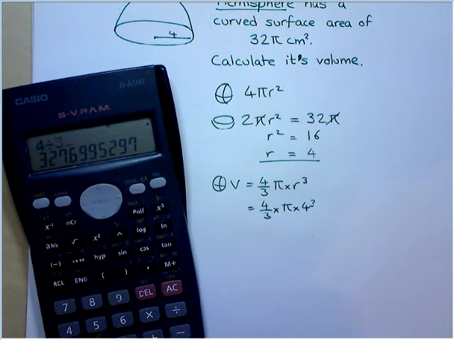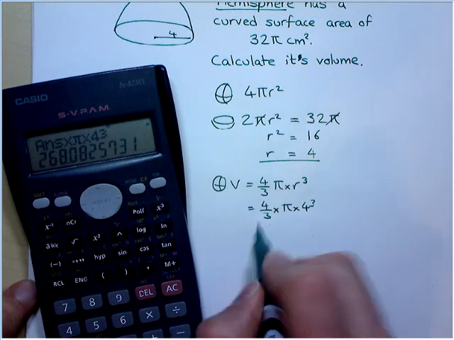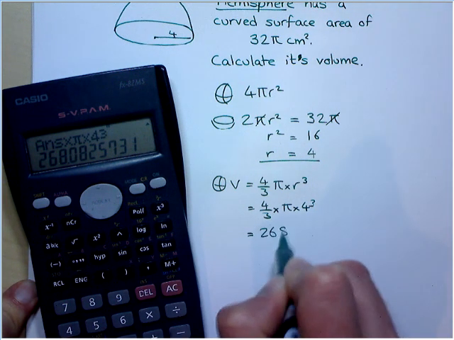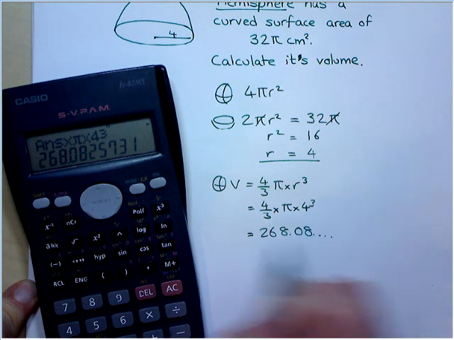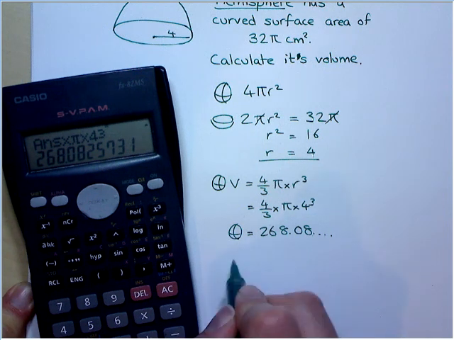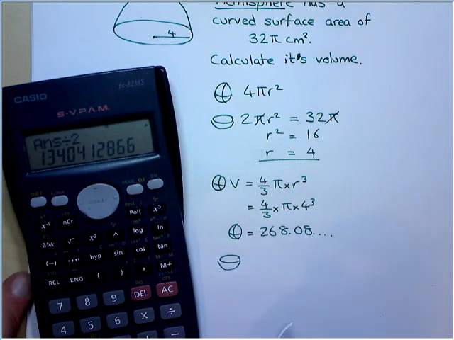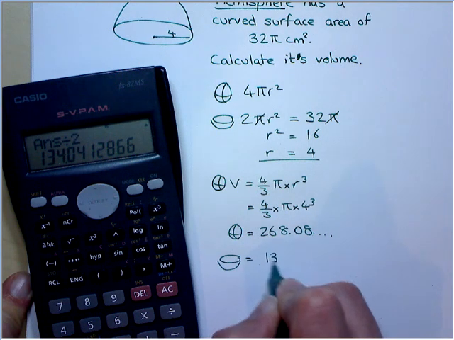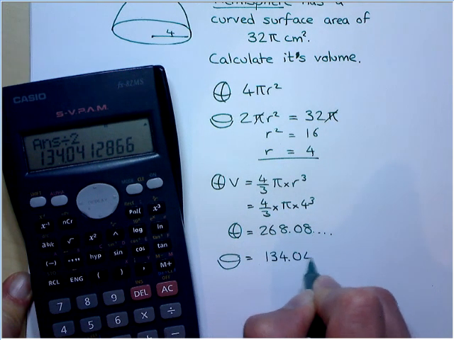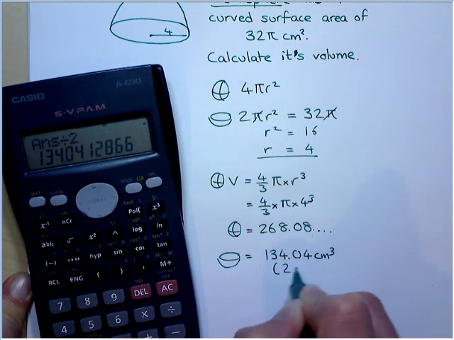So 4 divided by 3 equals times pi times 4 cubed equals 268.08 and so on. But that is the whole sphere. So to find the volume of a hemisphere, we obviously half it. So divide by 2, and it's 134.04 centimeters cubed to 2 decimal places.